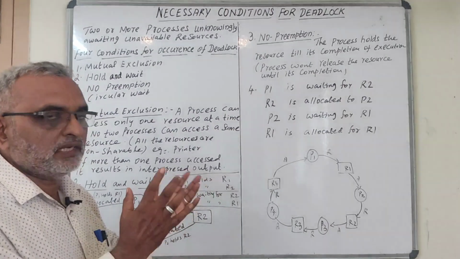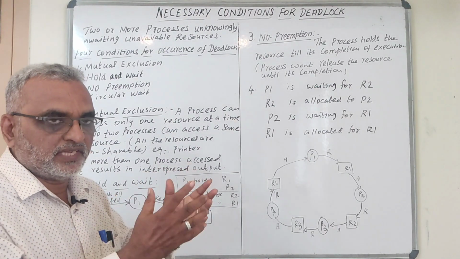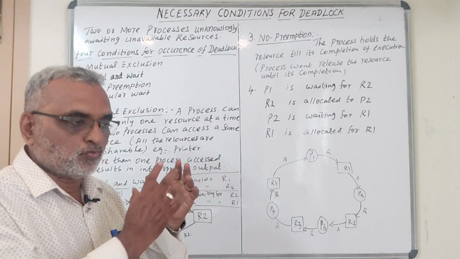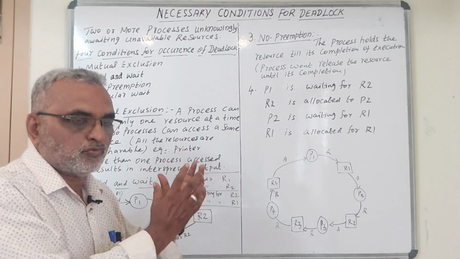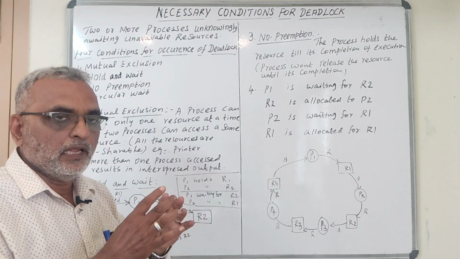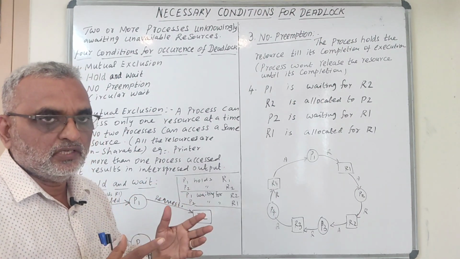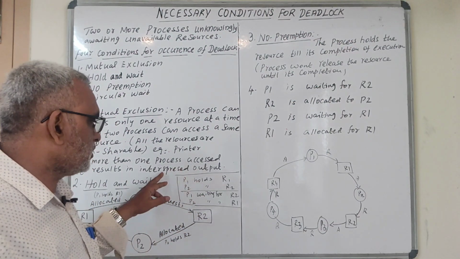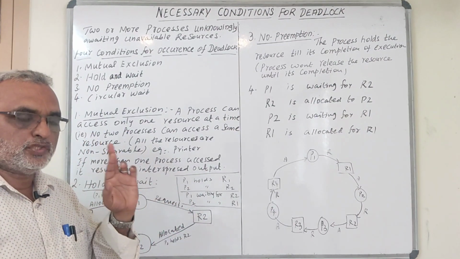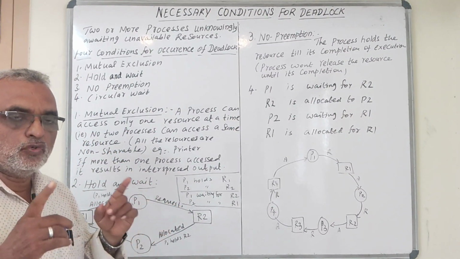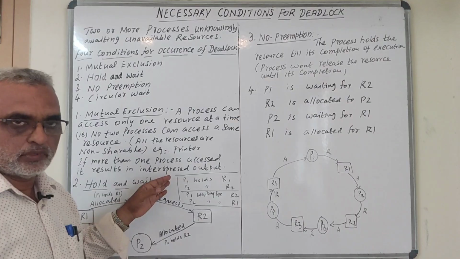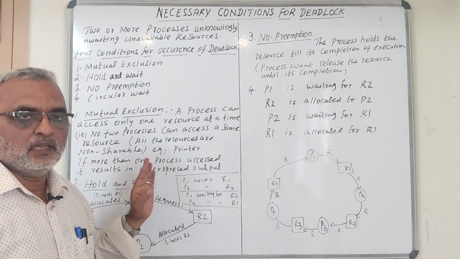If both the processes access the same resource simultaneously, one portion of process 1 will be printed and another portion of process 2 will be printed, and that will result in a non-linear output. That is what is called interspersed output. So mutual exclusion states that no two processes can access the same resource. So there is a possibility of getting deadlock.